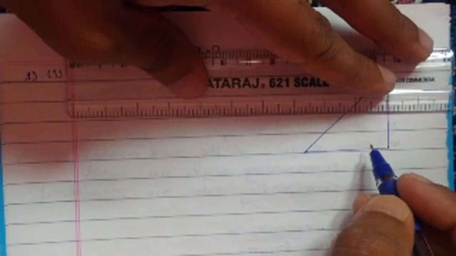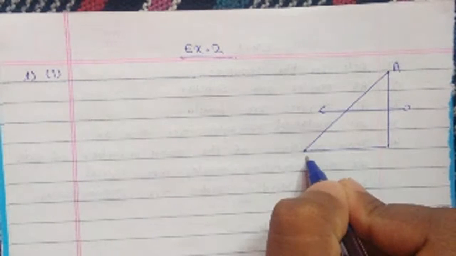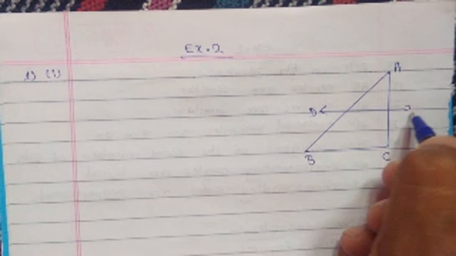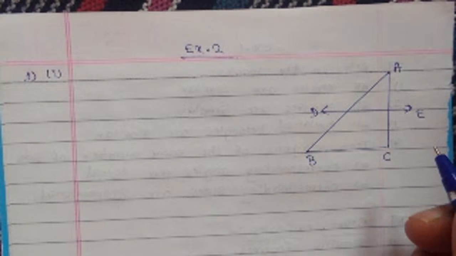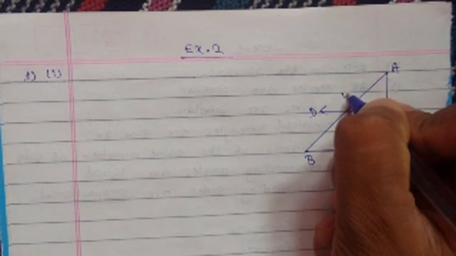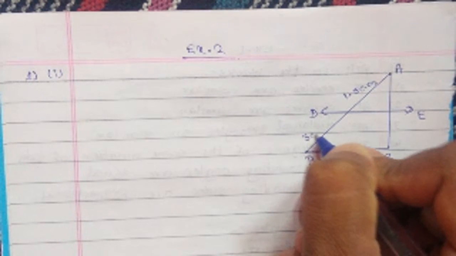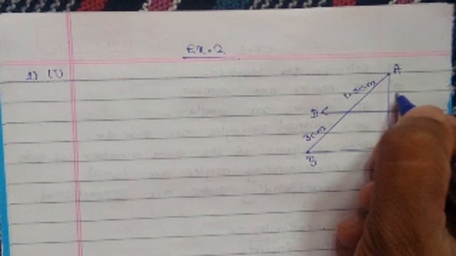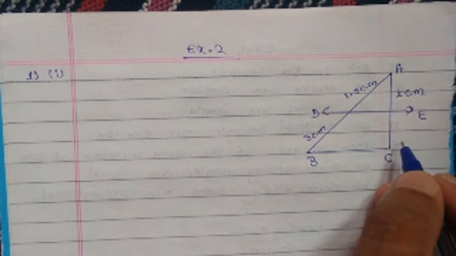This is the figure, and the vertices are A, B, C, then D and E, and the sides are given lengths. This is 1.5 centimeter and this is 3 centimeter. This is a rough figure, so the values are not exact. Now we have to find EC in this.